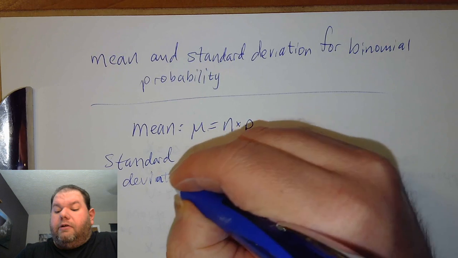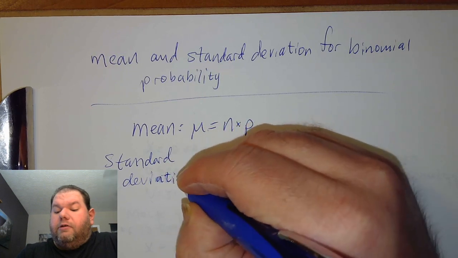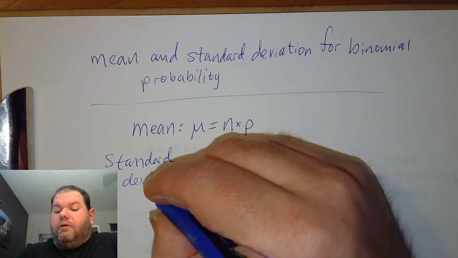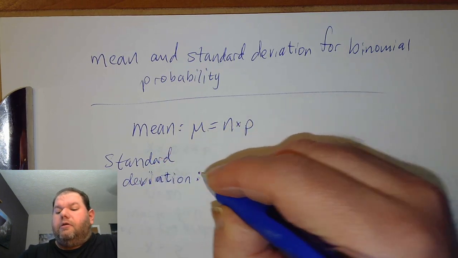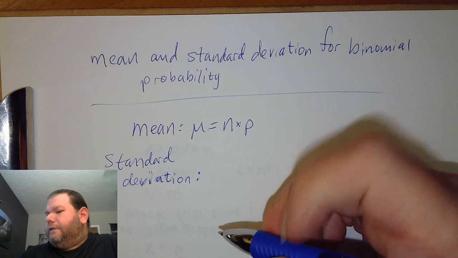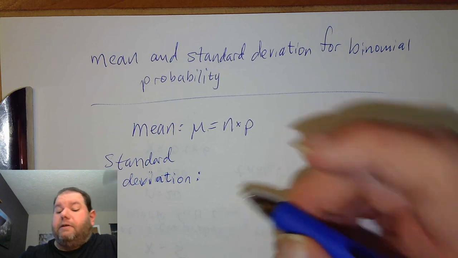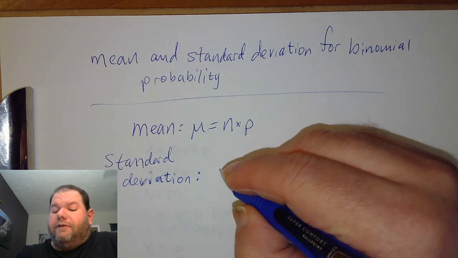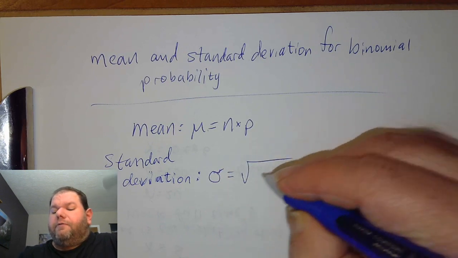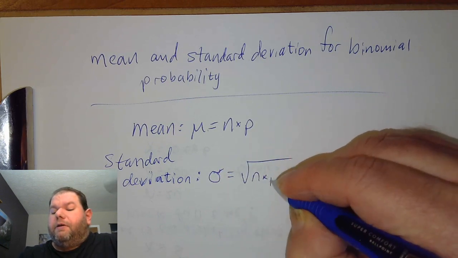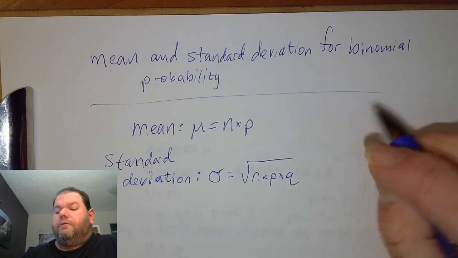Alright, standard deviation. I'm going to have to go buy more pens. Maybe I'll remember that. Standard deviation is sigma. This would be the square root of n times p times q.